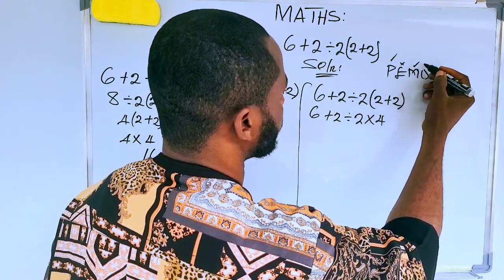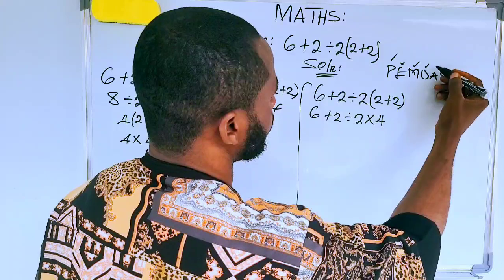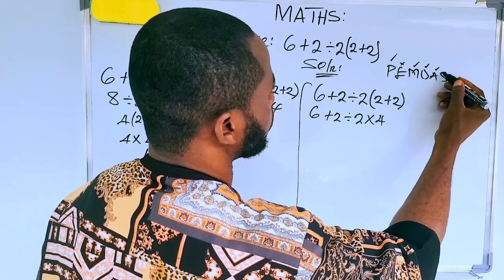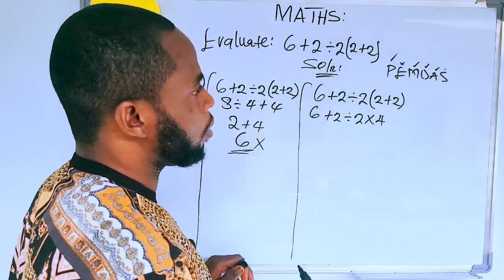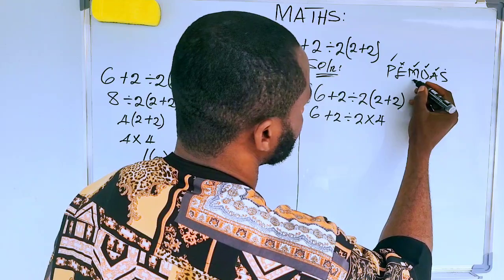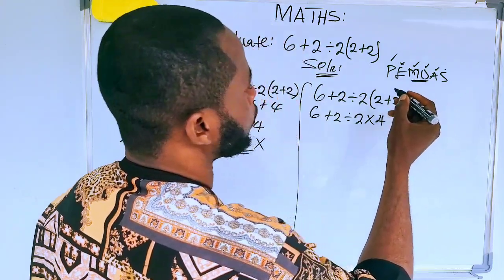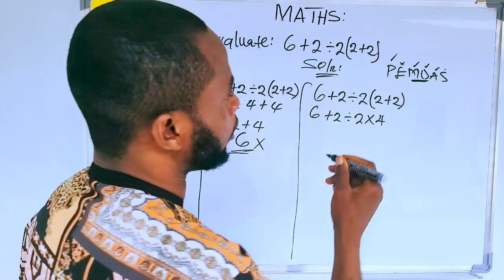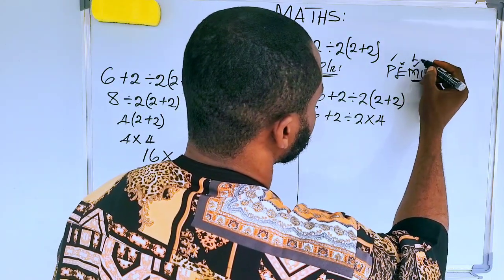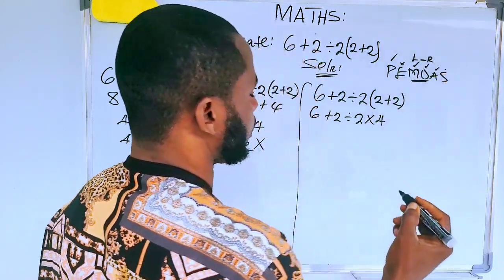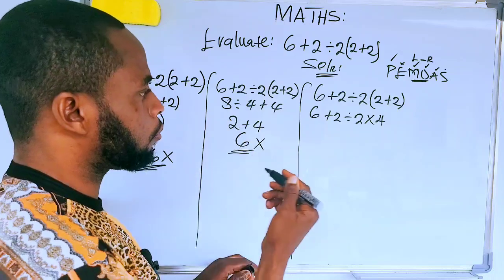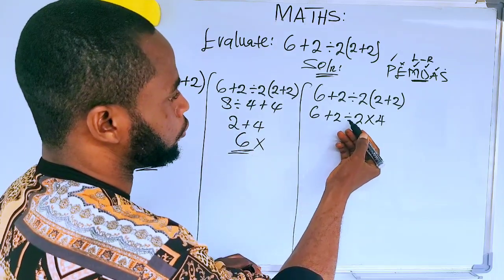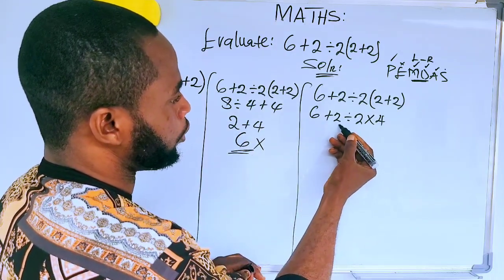We have multiplication, division. We have addition, no subtraction. But these two, multiplication and division, have the same precedence, and the operation here is from left to right. Therefore, here we have addition, division, and multiplication. We just start with this.